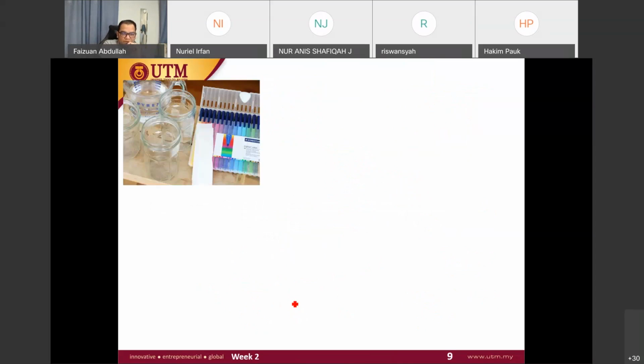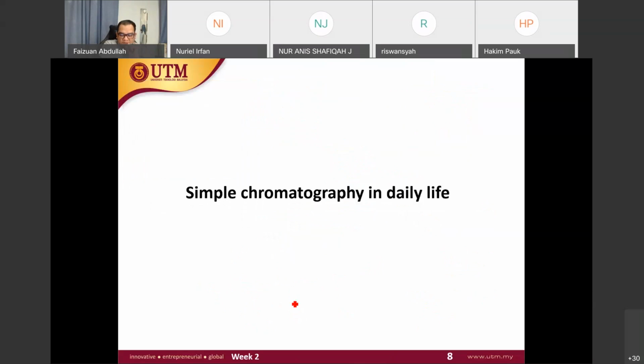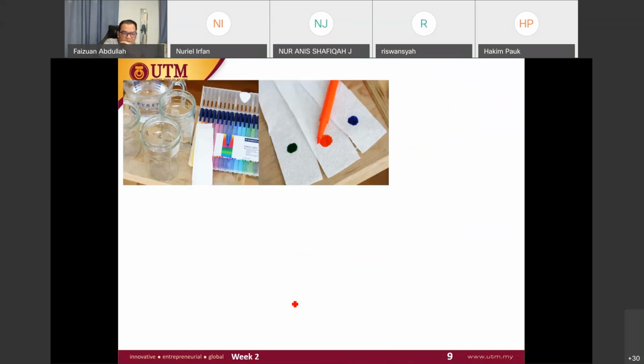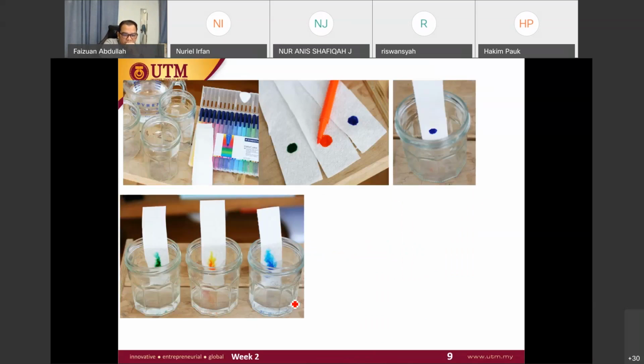Okay, let's do a simple experiment that I want you to make and show me in the WhatsApp group, every single one of you. Cut a bit of tissue and put one dot like this. Then put it in a glass, put some water, and then you can see.